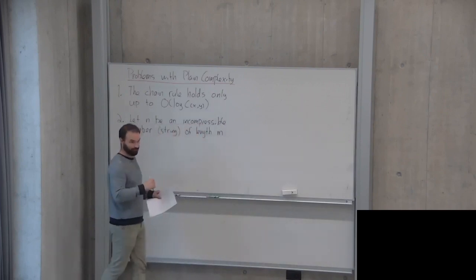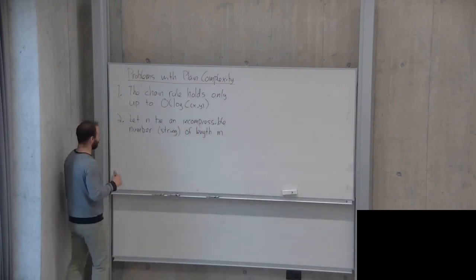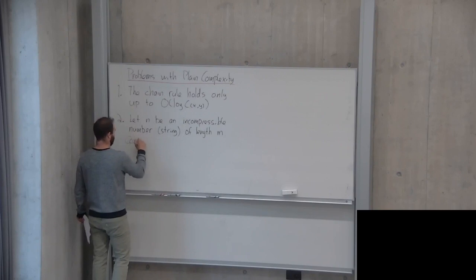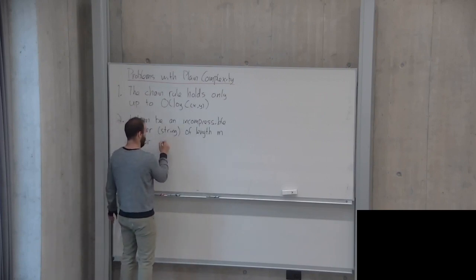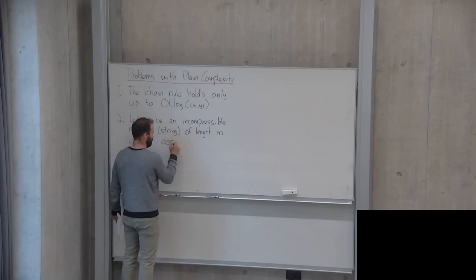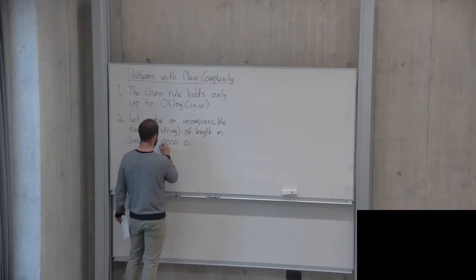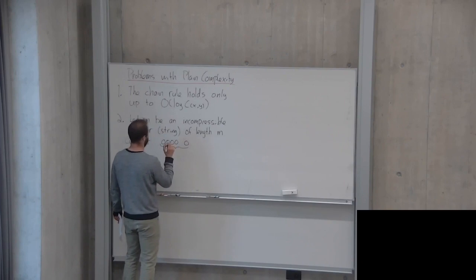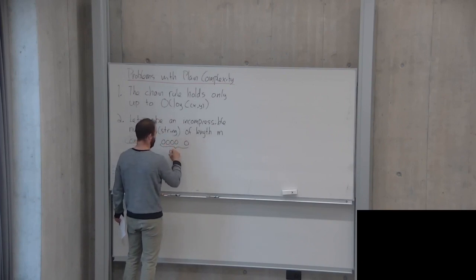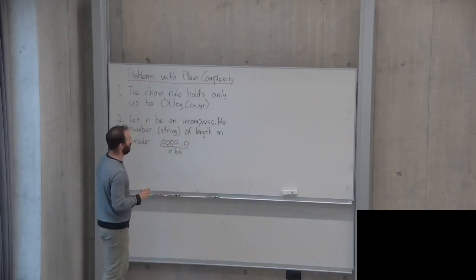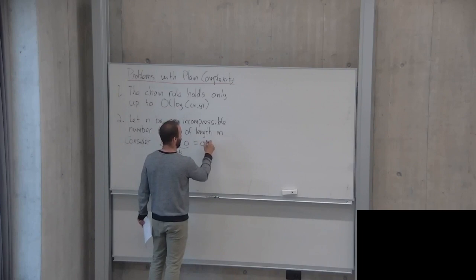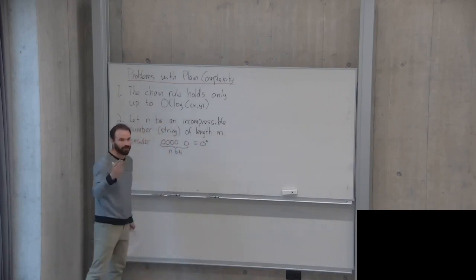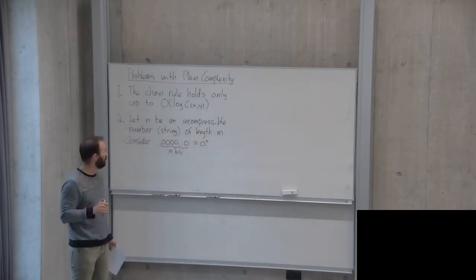Okay, we know there exists one. Now consider this string here: 0, 0, 0, 0, 0 for n bits, which I'm just going to call shorthand 0^n. I've got n times the bit 0.